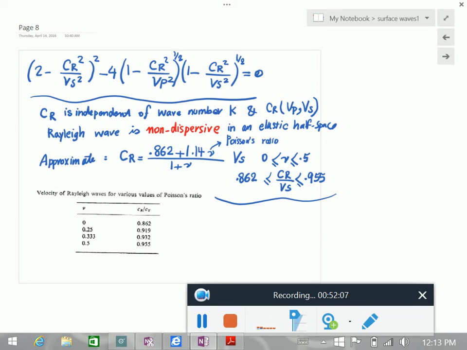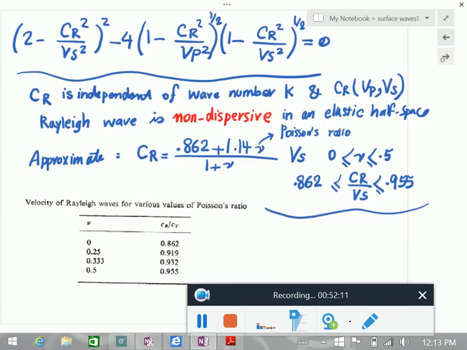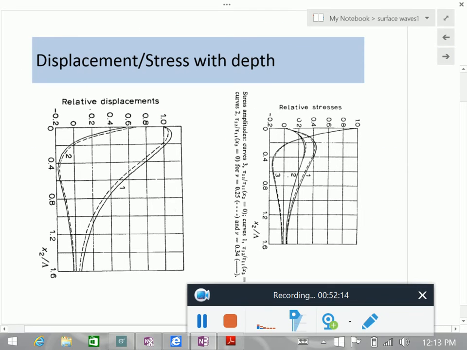But first, we need to talk a little bit more about the displacement, because they're also very unique in the way the displacement works. From the beginning, we said the displacement is confined to the top part. Okay, let's focus on this one first. What are we looking at?